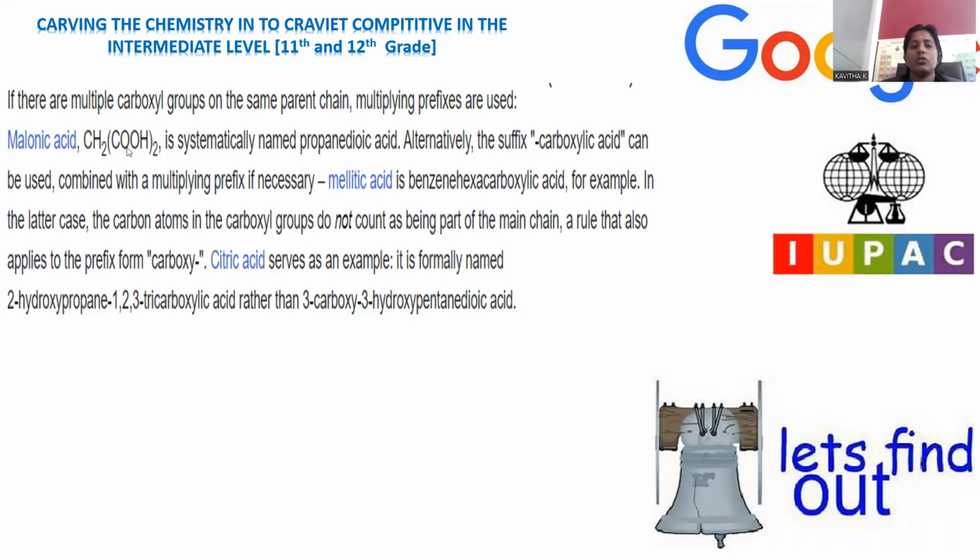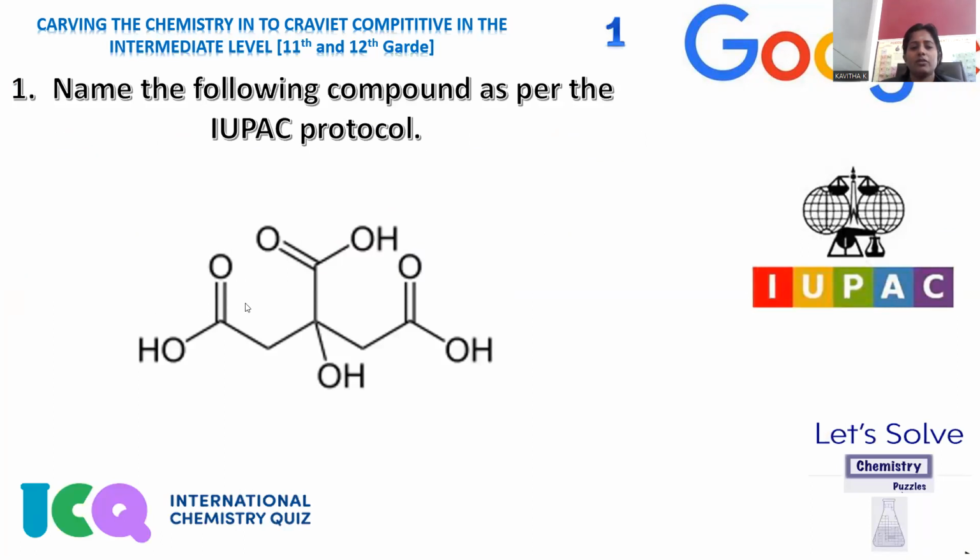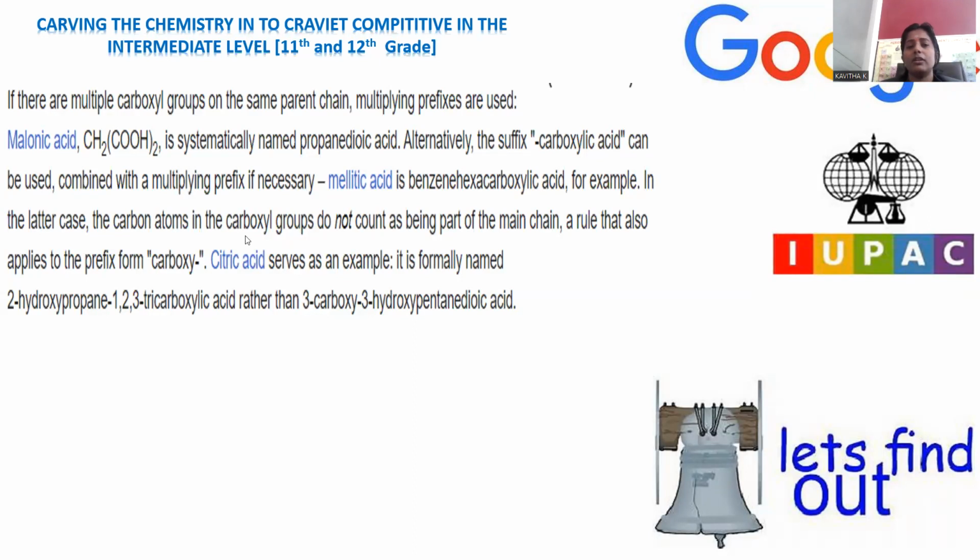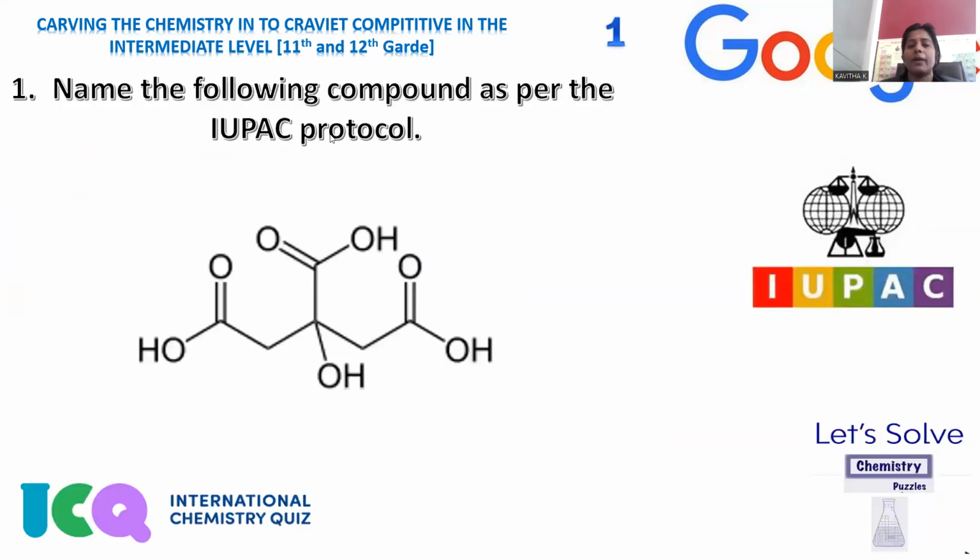If you have two carboxylic acids in the given compound, it is called malonic acid, and citric acid stands for what? Three carboxylic acids in the given organic compound. So these are called common names. Then what is the protocol to assign the IUPAC nomenclature for the given organic compound? It is commonly known as citric acid, which is a well-known compound known to everyone, right?